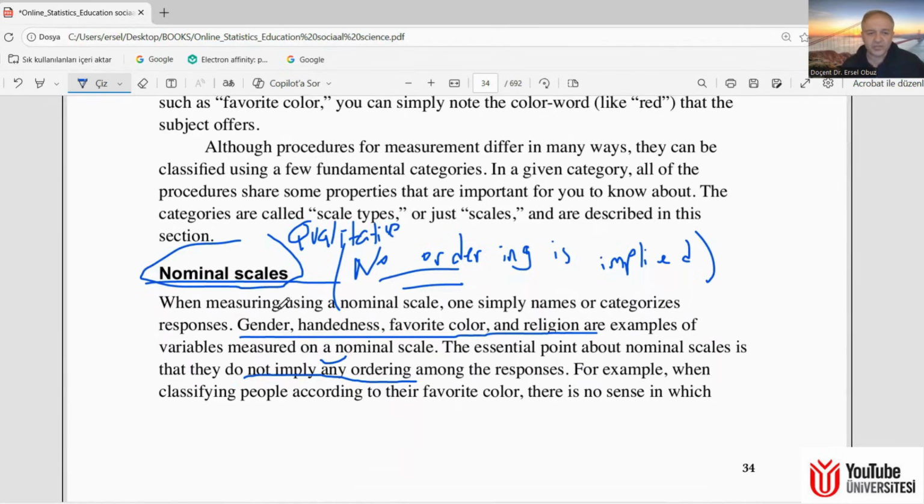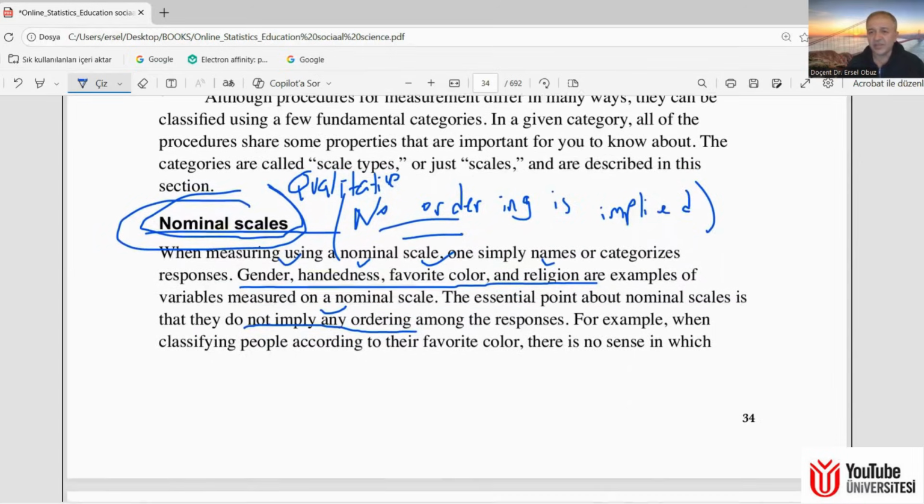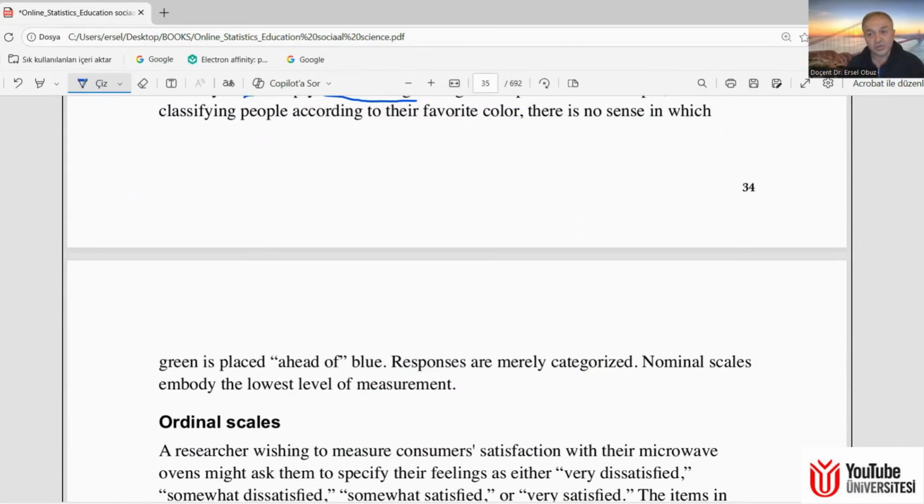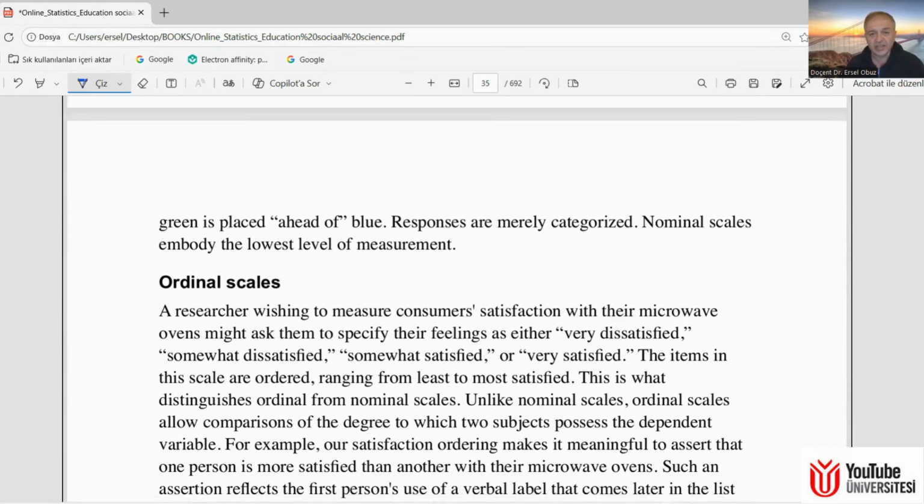When you think of gender, handedness, favorite color, and religion, those are all measured on a nominal scale. So there is no order associated with this scale.